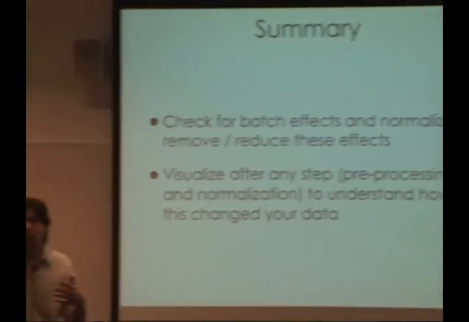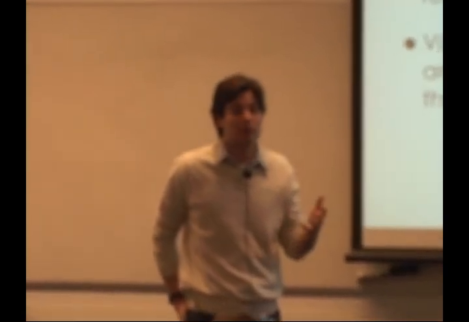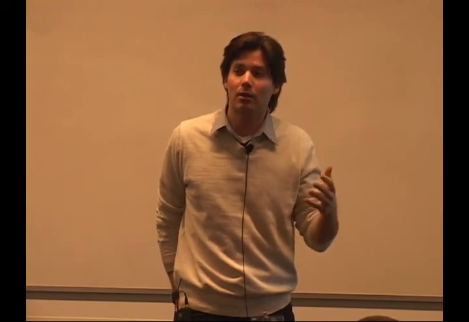So it's obvious yet important to do the upfront work of checking for what the batch effects are, and then trying to do some sort of normalization to minimize those. And then at each step along the way, do some sort of visualization of your data to make sure it hasn't changed in a way that is now biasing your data in a direction that confounds any future analysis. Okay? All right, that's it. Thanks.